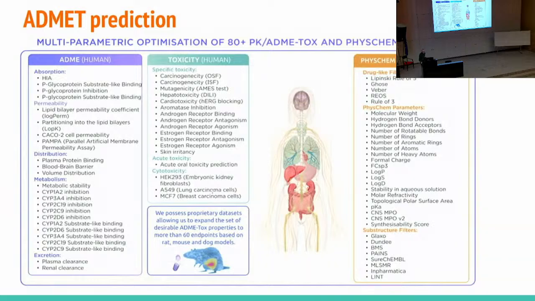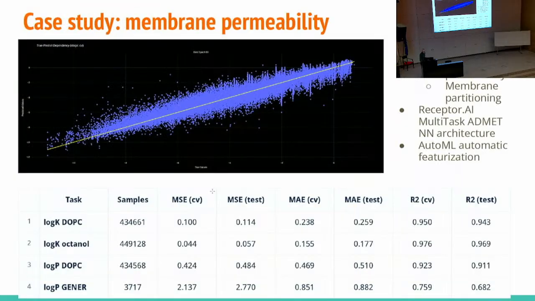And here is a case study of how it actually looks in one particular endpoint, which is the membrane permeability of the compounds. We did it in collaboration with Carlo here at the University of Olomouc.